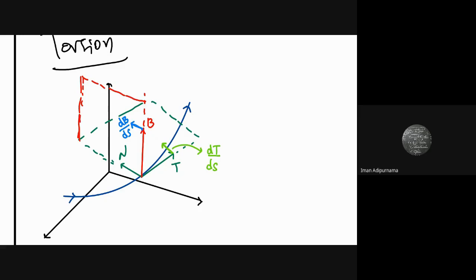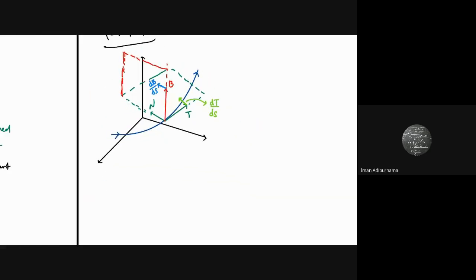And the definition of the torsion is, torsion of a curve. The torsion, this symbol, the tau symbol, is negative dB over ds dot N. I hope you get why it's negative.